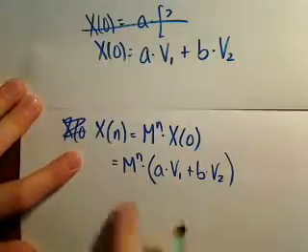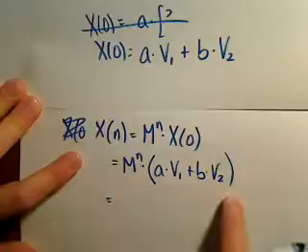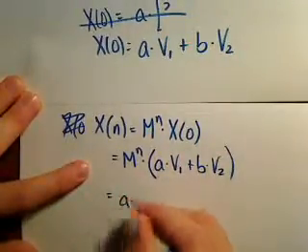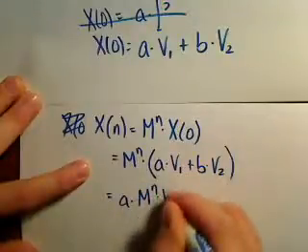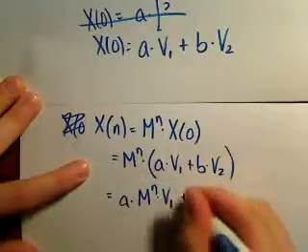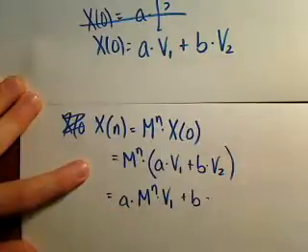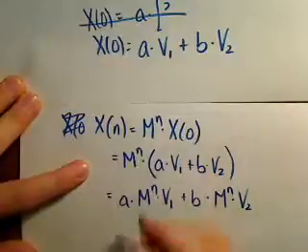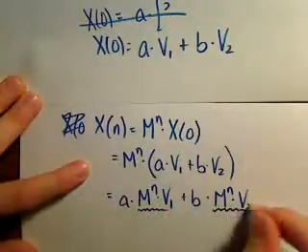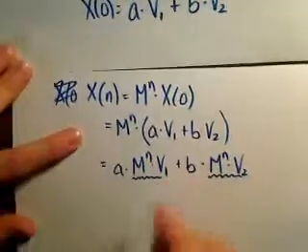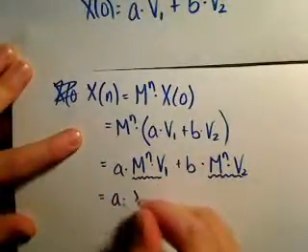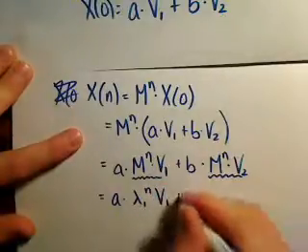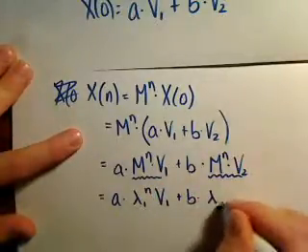The distributive property works for matrix multiplication, and so we're looking at A times M to the n V1 plus B times M to the n V2. Remember, A and B are just numbers, so I can pull them out in front to make things simpler. But as we discussed, when you're taking a matrix times an eigenvector for it, that's the same as multiplying by the corresponding eigenvalue, just a number raised to that same power.